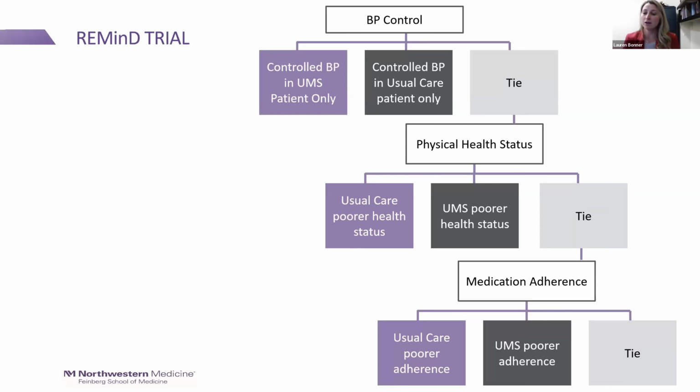The first outcome would be a hard clinical endpoint, the second a patient-reported health outcome, and because the trial was all about medication adherence, we wanted the third outcome to capture that in some way. For the first endpoint, in the preliminary results I'm going to show you, we considered blood pressure control, so whether or not they had controlled blood pressure at 6 months.